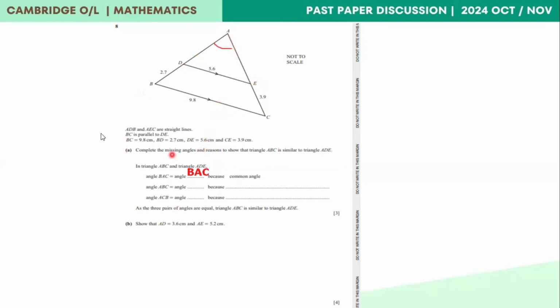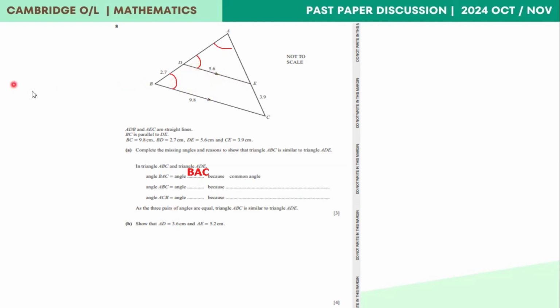So the next one, angle ABC must be equal to the angle ADE. That is because we know that both of these lines are parallel, so we are getting the corresponding angles.